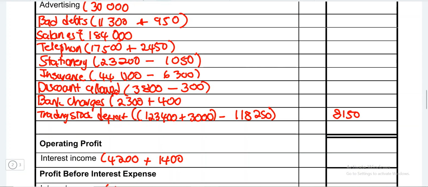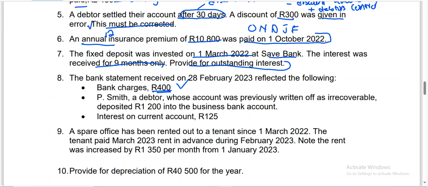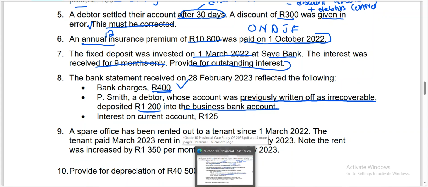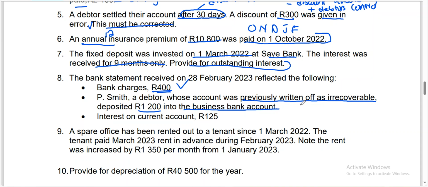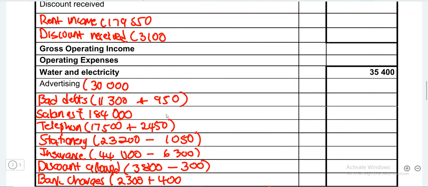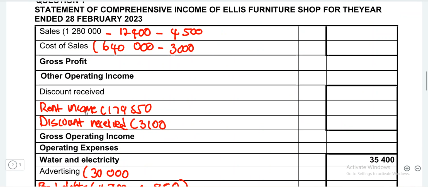The next part says that P. Smith, a debtor whose account was previously written off as irrecoverable, deposited 1,200 into the bank account. So this person, we had written them off as a bad debt, but now they have managed to get some money, so they are paying us. When they pay us, we would have bad debt recovered because now we have recovered.